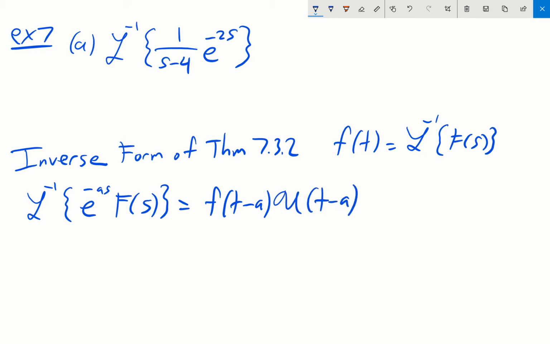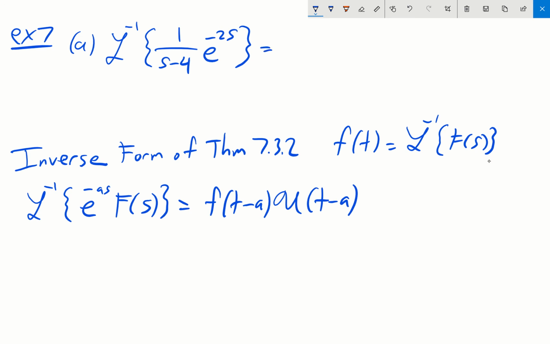It's literally the reverse of what we had. You could apply the inverse Laplace to both sides of that previous statement, and this is what we would end up with.